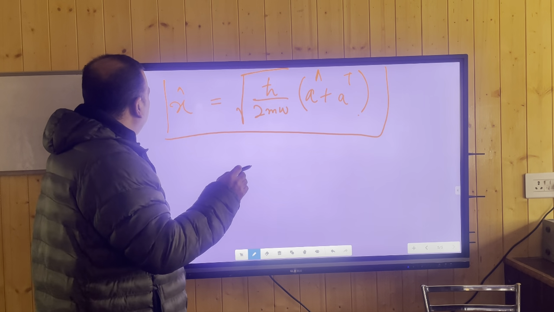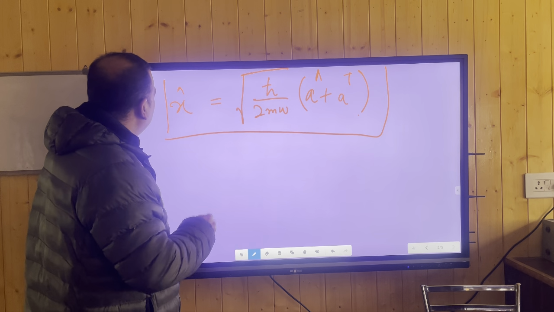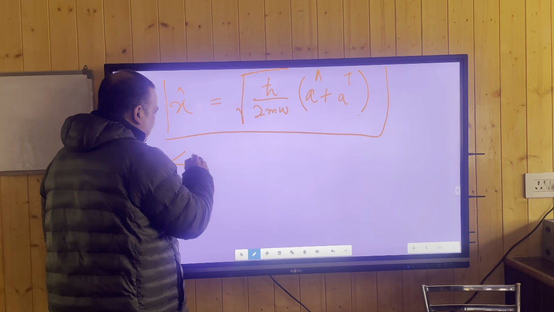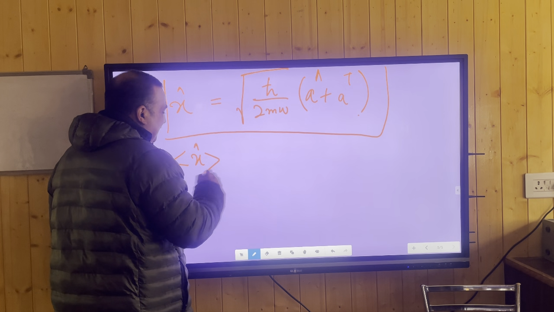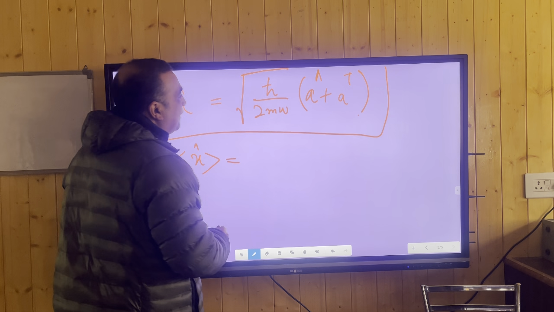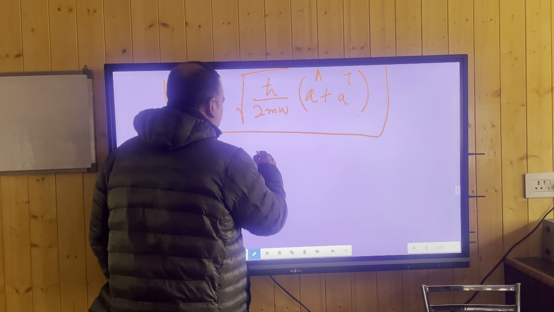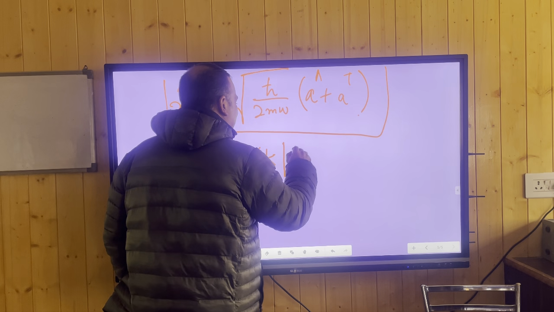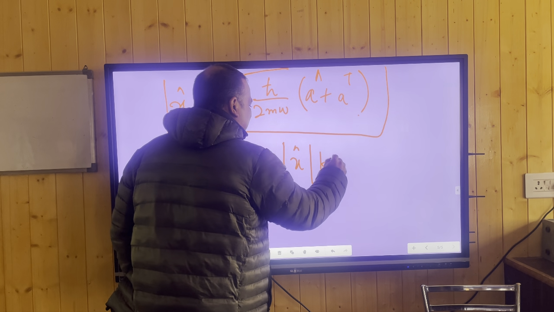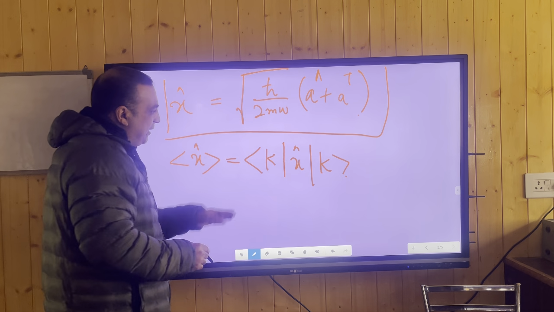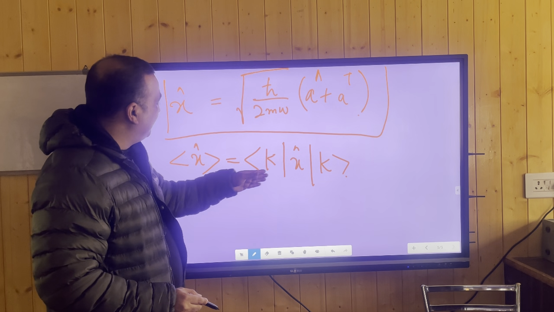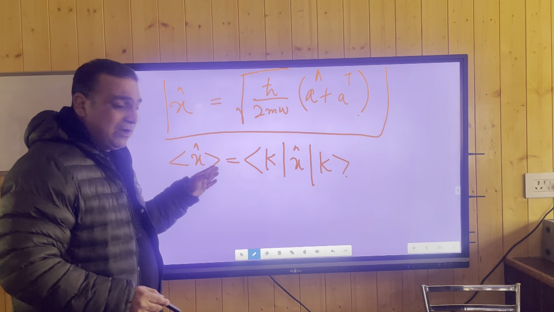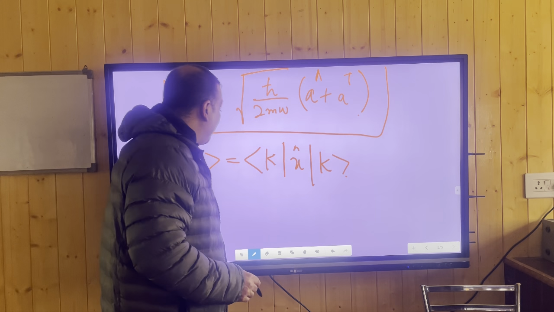So what I can do here is calculate the expectation value of this position. So what will be that expectation value for, say, the state k, and you have x cap, and for the state k. The evaluation of this bracket will lead me to calculate the expectation value for the position operator of the harmonic oscillator problem.